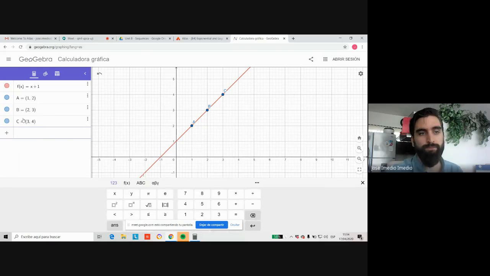Then we learned about geometric sequences.